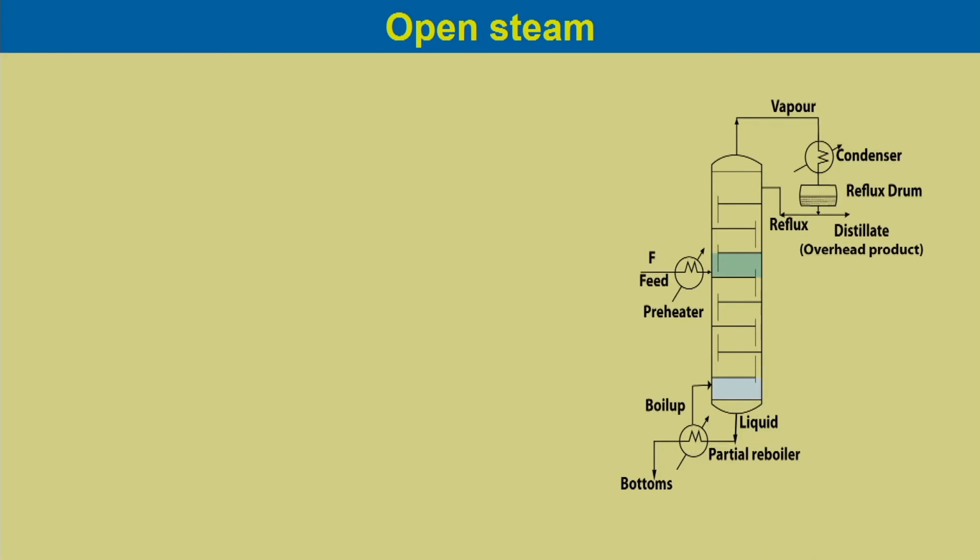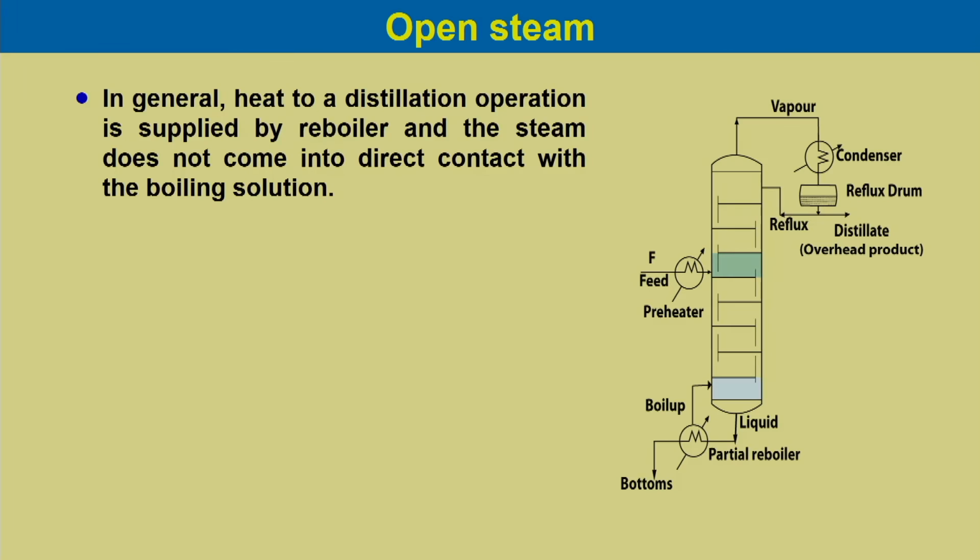Now, another important thing which we will discuss is the use of open steam. In a distillation column, in general, heat to a distillation operation is supplied by a reboiler, which is over here at the bottom, and the steam does not come in direct contact with the boiling solution.